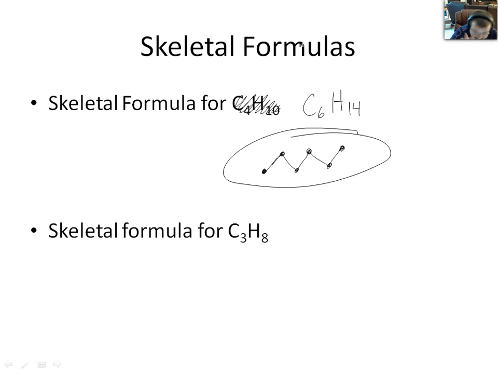Now for C3H8, we've already done that, so let's change it up a bit. Let's do one for C2H6, and let's break this one down a bit. If we started out writing the structural formula for C2H6, we would have carbon attached to carbon, all of our H's to make each carbon up to 4 bonds.